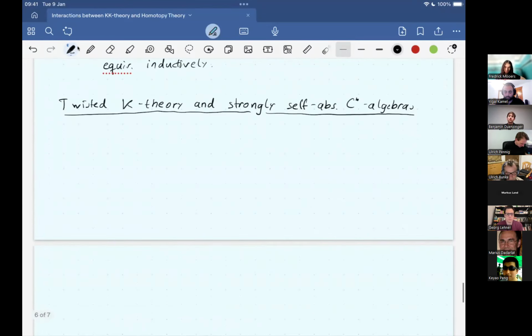So first there's an observation. If we look at KU, so topological K theory, or K of C if you like, this is a ring spectrum.